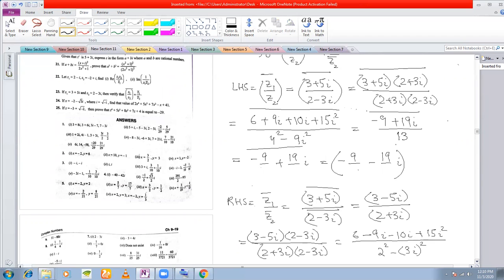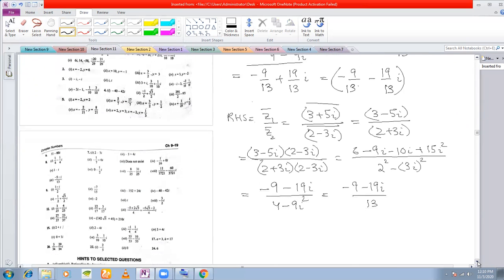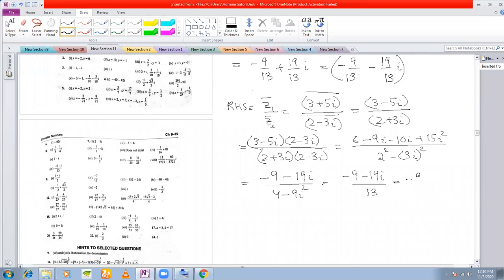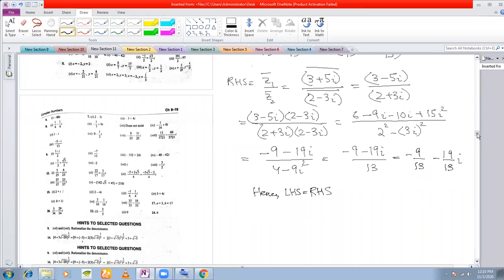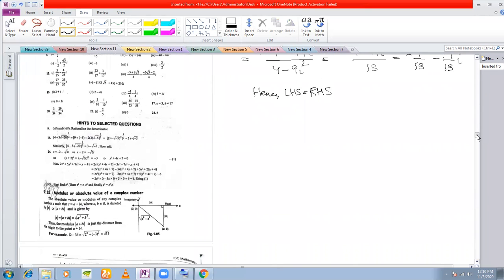So here also you're getting minus 9 by 13 minus 19 by 13 times i. So therefore, it has been verified. Okay, so that is what this is all about, the conjugate.